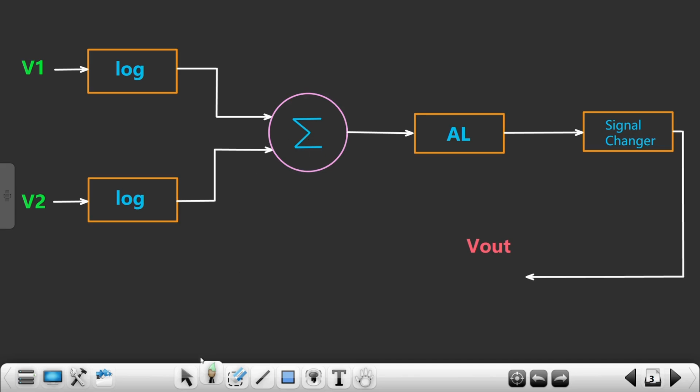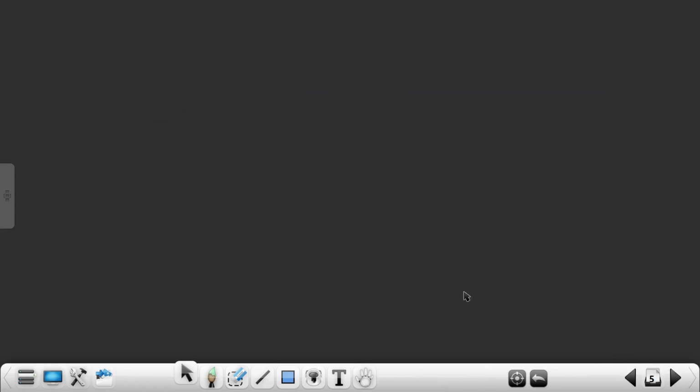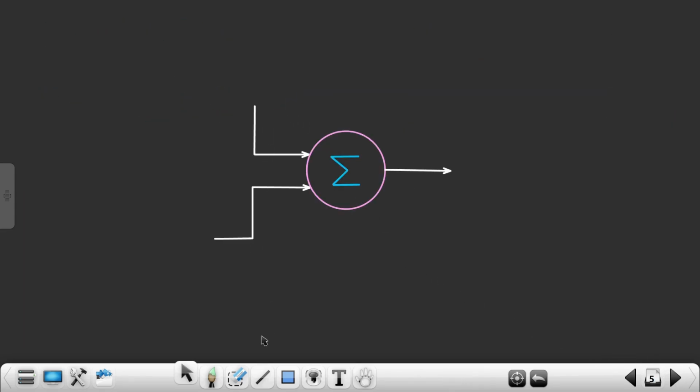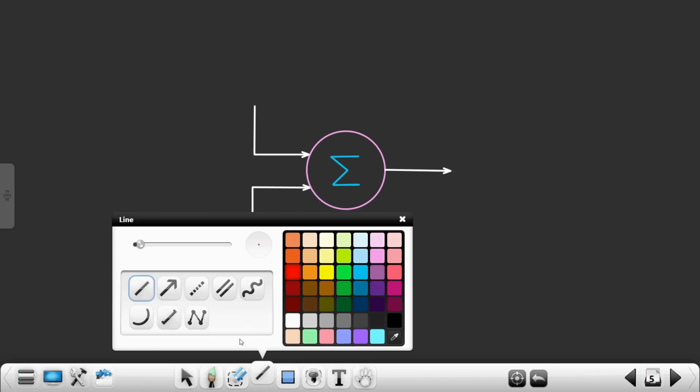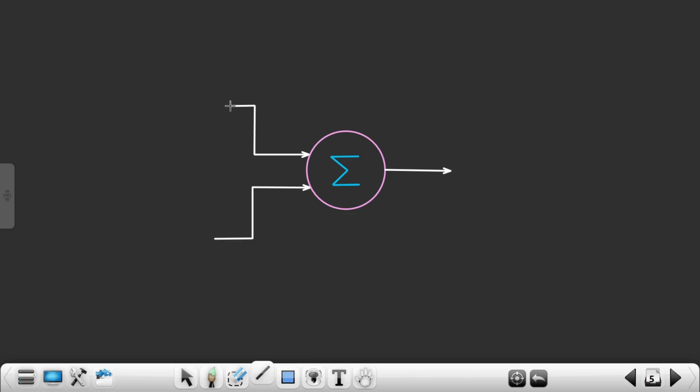It is being supplied to the adder. So now let me take this particular block into account. Control C. Now let me proceed further. Control V. Let me just show this particular line over here.